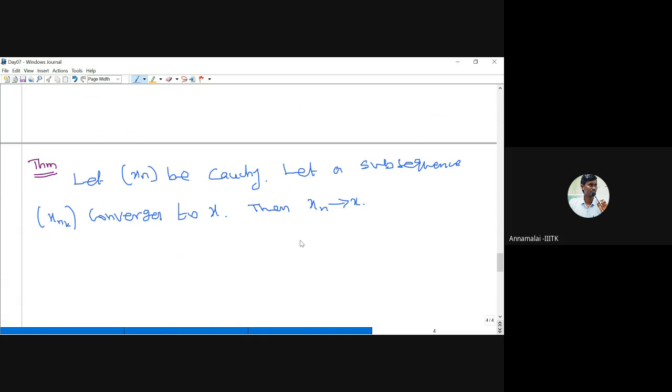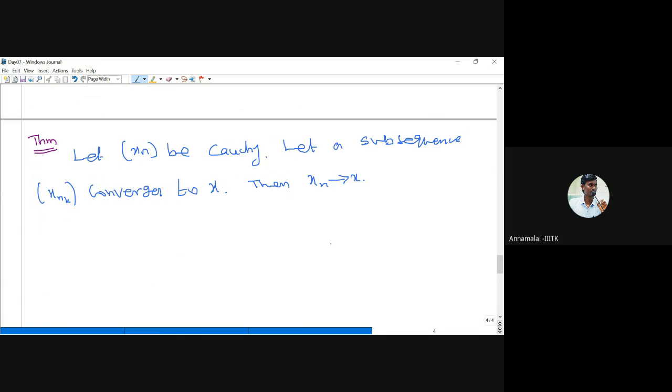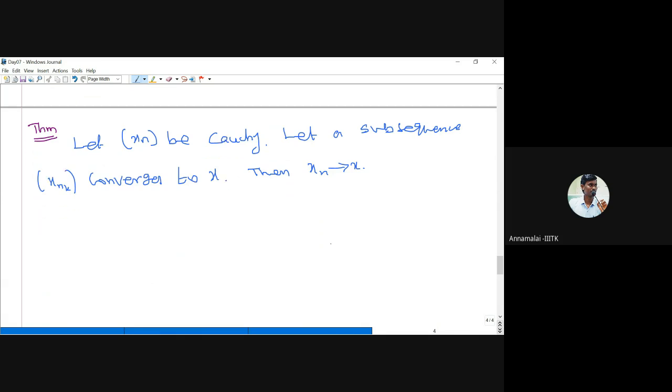If you know the limit of one subsequence, then we can say the Cauchy sequence converges to that limit x. It's a very useful result. In the case of the reals, any Cauchy sequence in R automatically converges.